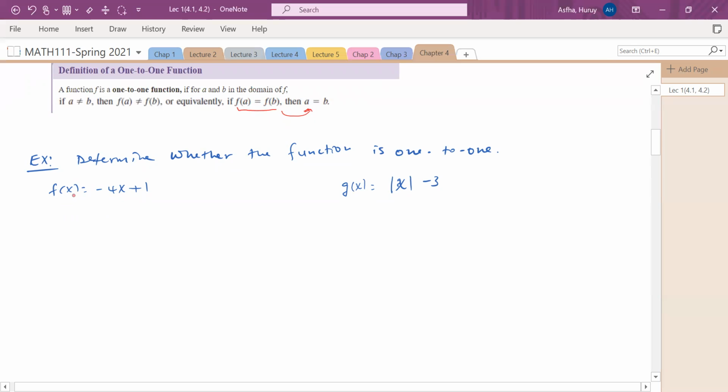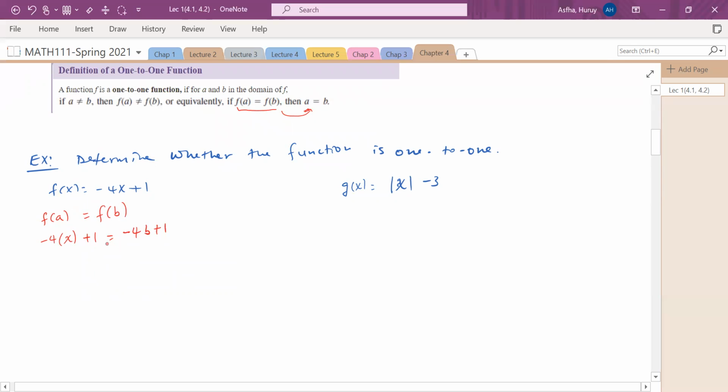So f of a, if I replace x by a, then f of a equals negative 4a plus 1, and f of b, replace x by b, negative 4b plus 1.